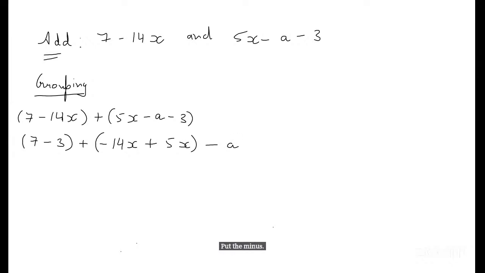Now we have done the grouping. Now we'll solve it. 7 minus 3 is 4, plus 4. Now, look very carefully. In this bracket, we have minus 14x plus 5x. So minus plus equals minus, right, ma'am? Yes, minus plus equals minus.